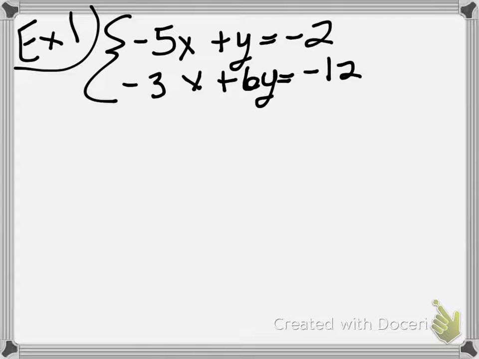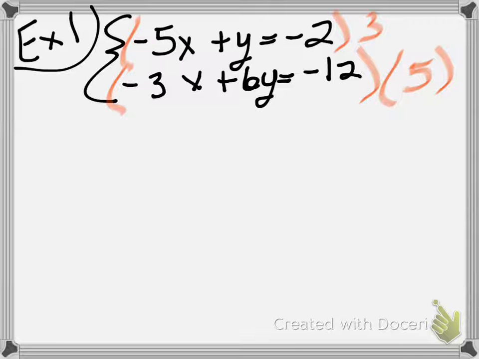So between a negative 5x and a negative 3x, we want those coefficients to be the same number. I know that 5 and 3 both go into 15. So I'm going to multiply this entire equation by 3, and the entire second equation by 5.